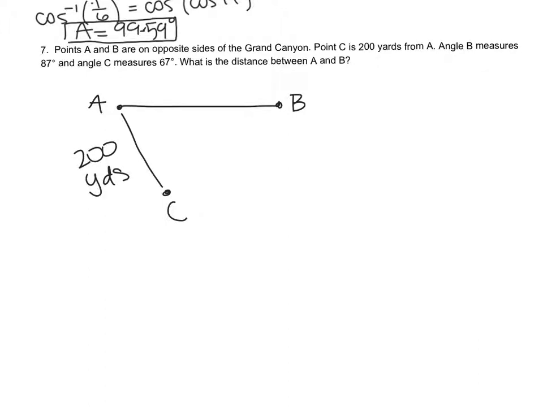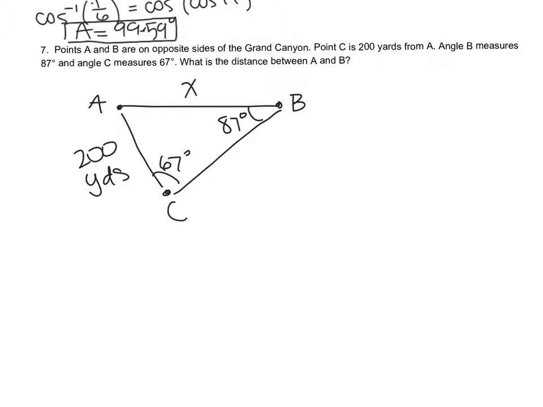We're given that angle B measures 87 degrees and angle C measures 67 degrees. And we want to find the distance between A and B. We're looking for this value X. And my picture is obviously not drawn to scale. Yours doesn't have to be either, as long as you have the correct picture that represents the situation you're given.